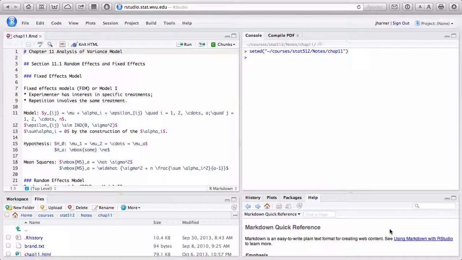It can compress the graph to a certain point, but if the area of that lower right window, or wherever you have that window, is too small, it won't do it. So when we look at graphs, we're probably going to have to either open it up or at least make it bigger. So we're in chapter 11. Let's go ahead and knit this.